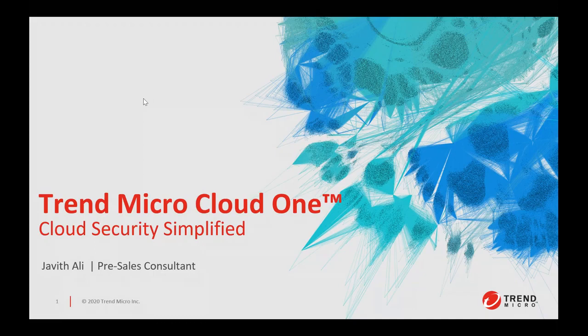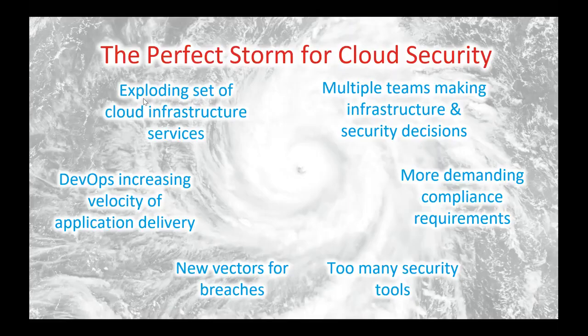That is 35 percent of cloud security share across the world. By acquiring this Cloud One Conformity solution, we made Trend Micro even stronger in the multi-cloud and hybrid cloud strategy. Let's start with the solution.